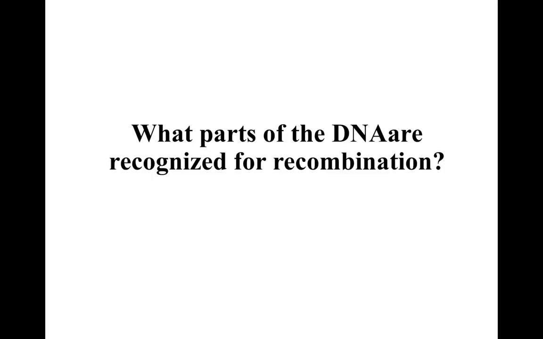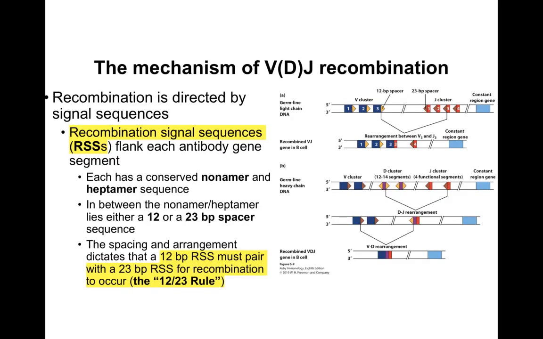What parts of the DNA are recognized for recombination? There are recombination signal sequences on the sides of the segments of the genes. On the top here is the light chain, and on one side of the V segments there are these RSS elements, and on the J there are RSS elements as well, and they recombine in this 12-23 rule.